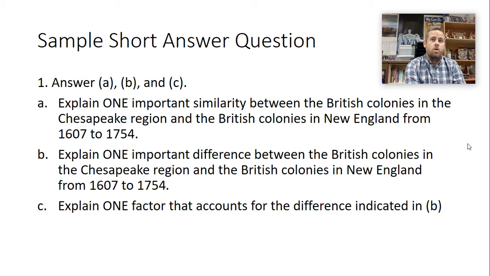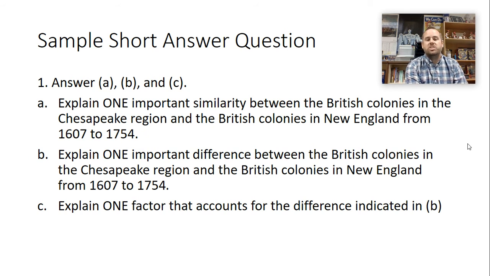Explain one difference. Well, here we might talk about the geography of the 2 regions and the economic systems that came from that. So, one difference would be New England and Chesapeake regions had different climates, and as a result of these different climates, it led to different types of commercial opportunities and systems. C, explain one factor that accounts for this.